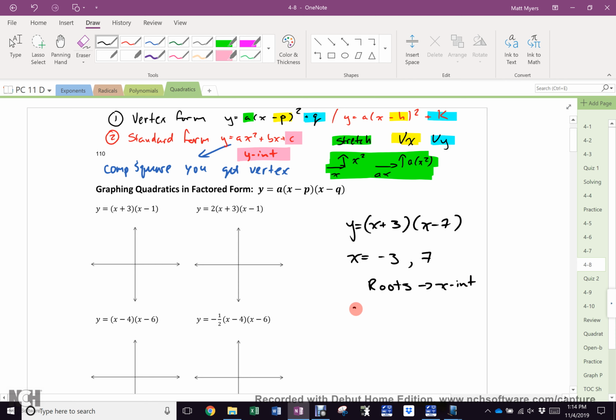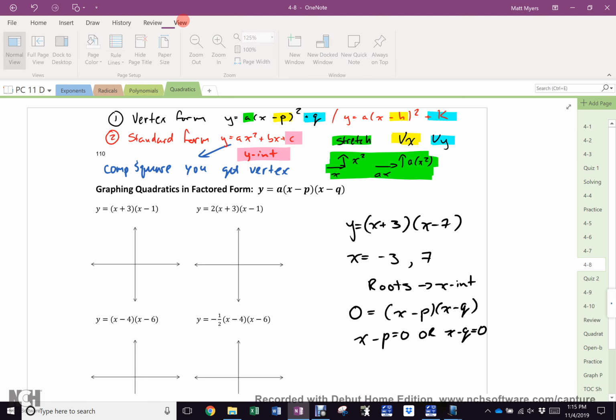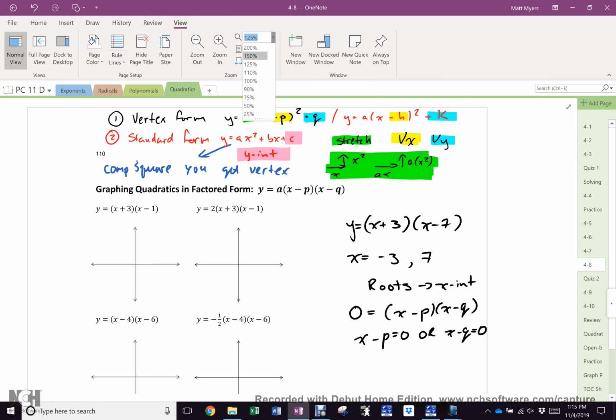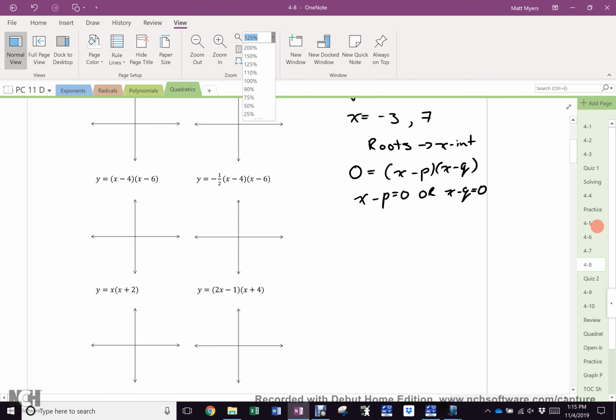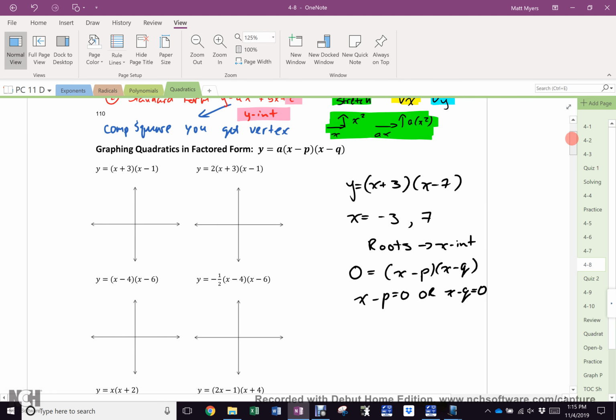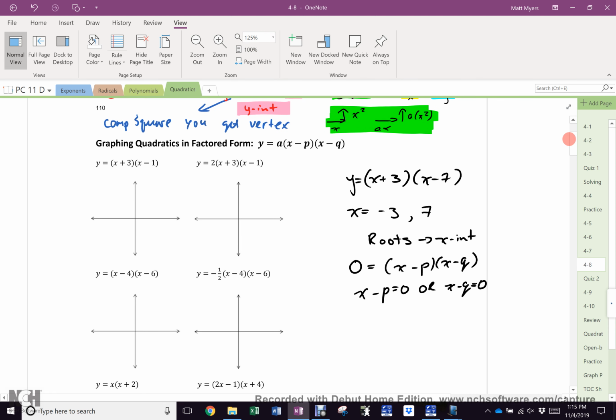We find them when 0 equals x minus p and x minus q. Because x minus p would have to equal 0, or x minus q would have to equal 0. And we already know that, right? Everybody good? Up to right now, you haven't seen anything new.